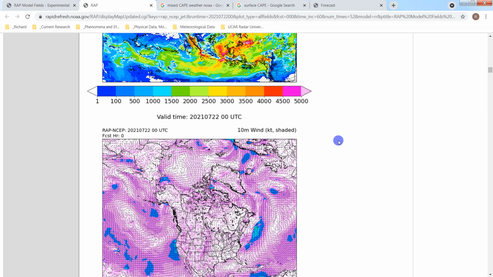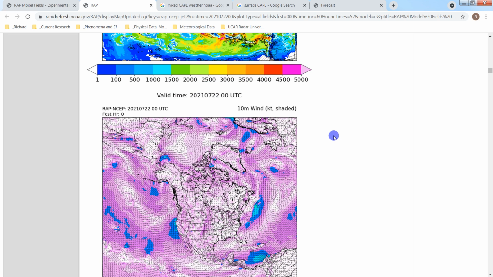Okay, 10-meter wind, and I presume this means at 10 meters above the surface, the geopotential surface. So these are the flows induced by a number of things.